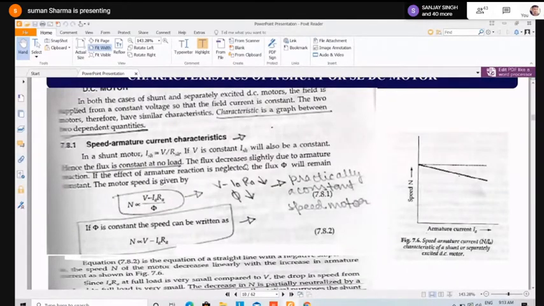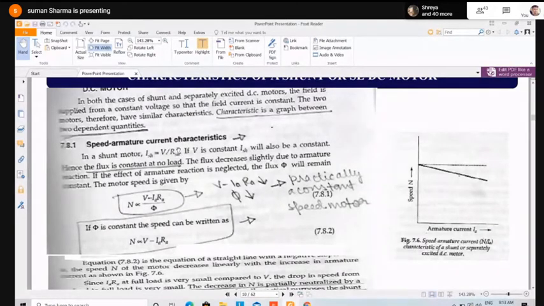The flux decreases slightly due to the armature reaction. Armature reaction का भी यहाँ पर कम इफेक्ट होता है because your shunt current magnitude is actually very less. Because आपका जो resistance होता है it is very high. Shunt winding का resistance is very high because large number of turns होते हैं इसमें. ठीक है. So large number of turns हैं, इसका resistance high है.